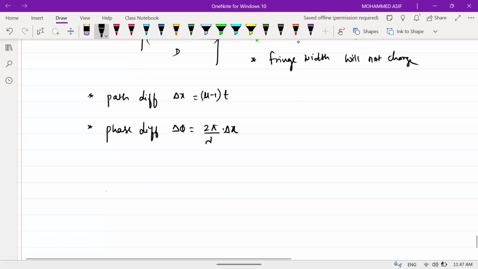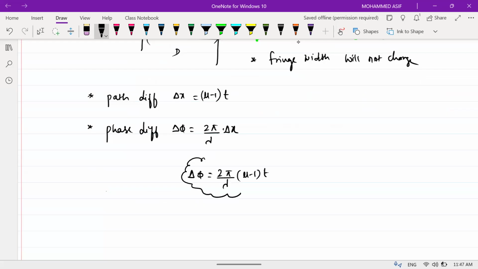This value will be equal to delta phi is equal to 2 pi by lambda into mu minus 1 into thickness t.